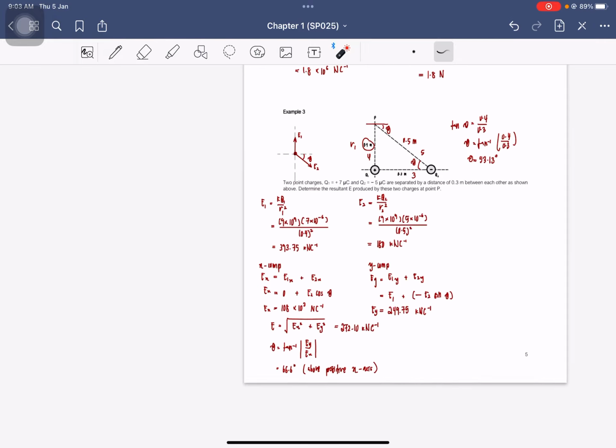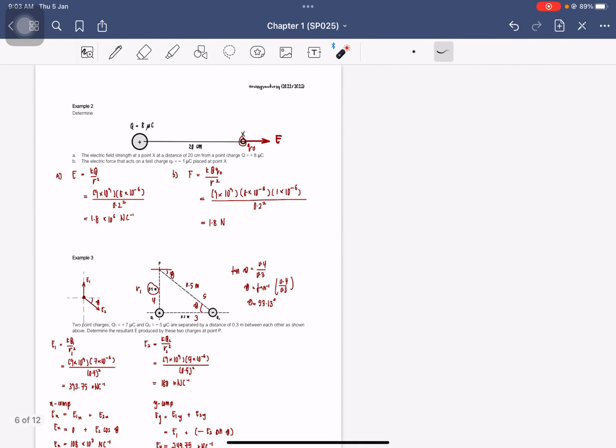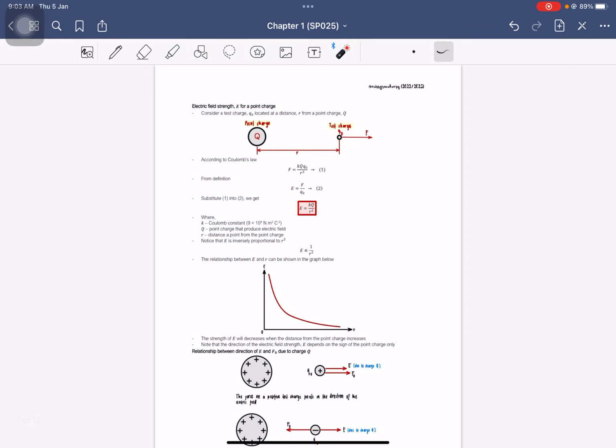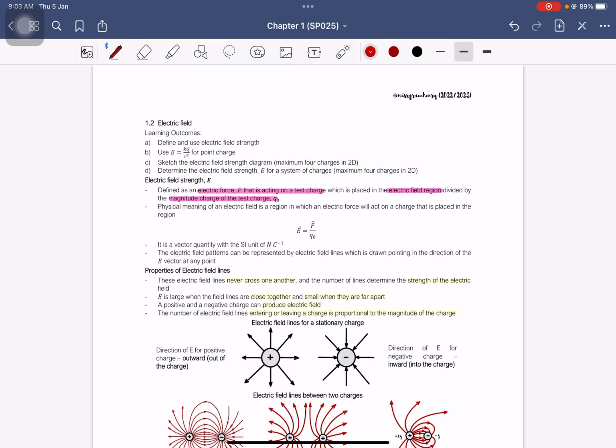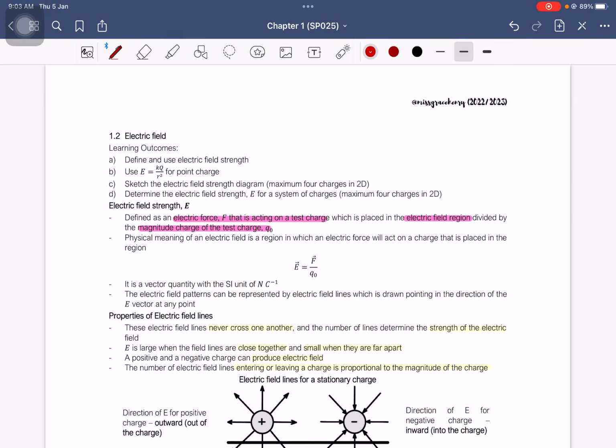Alright, so that is example 1, example 2, and example 3, and basically subtopic number 2. For this subtopic, you have to be able to sketch the electric field strength diagram. For example, positive, negative, and then at a point, for example a point here.